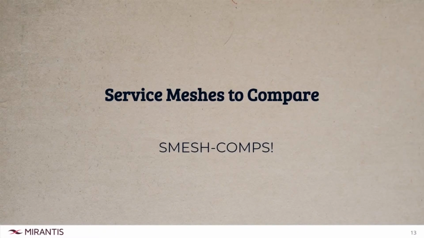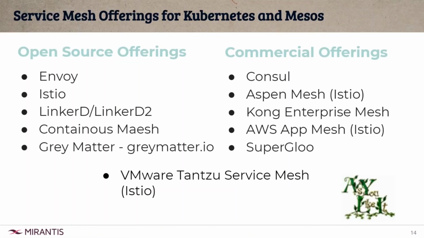So let's take a bit of a comparative look at some of the service meshes that are out there, as I like to call them, Schmesh comps. These are the grouping of both open source offerings and commercial offerings that I've focused on in this presentation to compare.